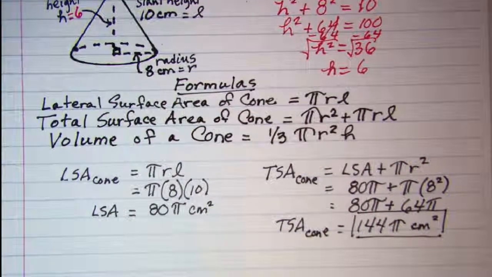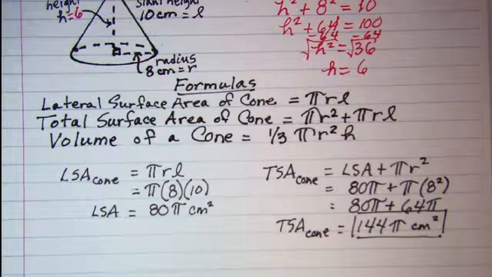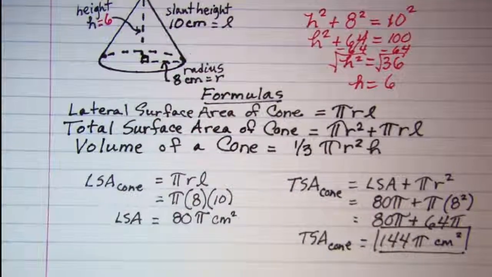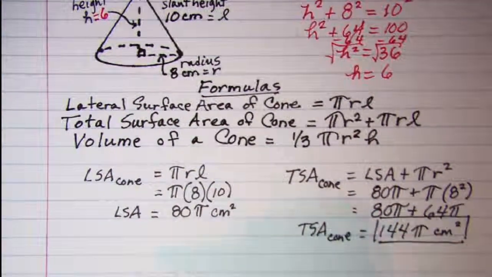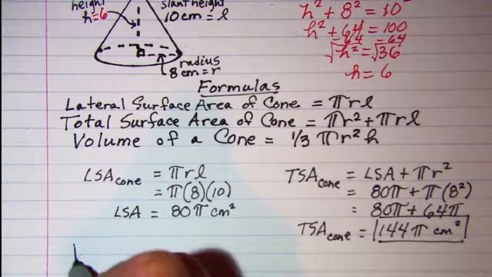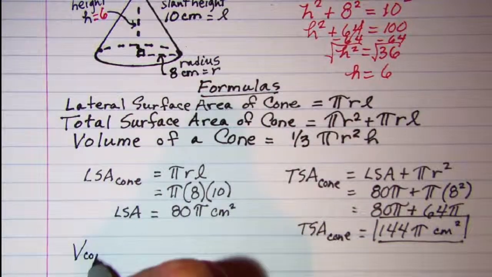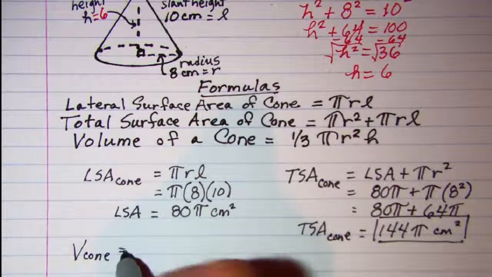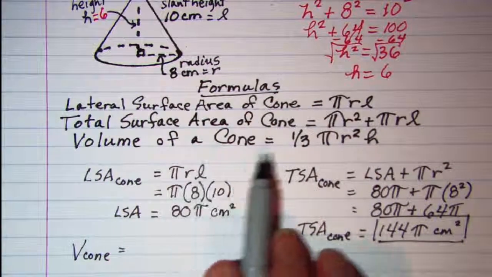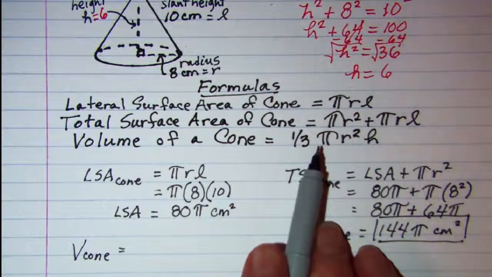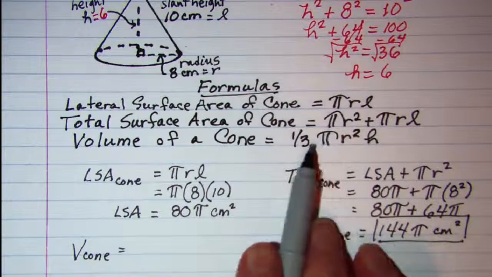Now the problem also asked us to find the volume. So I'll put that over here. Volume of a cone is similar to the volume of a pyramid, but with the pyramid we can have any shaped base.